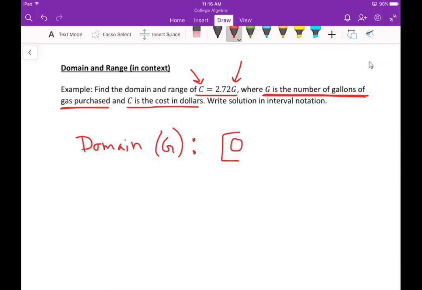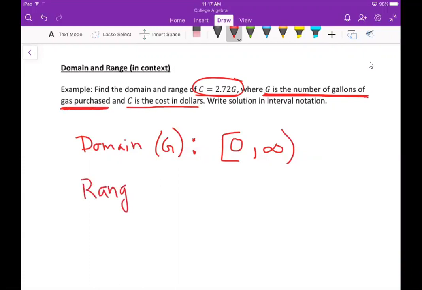So if I can have any positive G value on forever, then this goes all the way up to infinity. And we always use a parenthesis with infinity because it's not a number we can reach. Okay, so given the context there, even though I definitely can in this equation plug in negative values, because of the context of G, I don't want to include those in my domain.